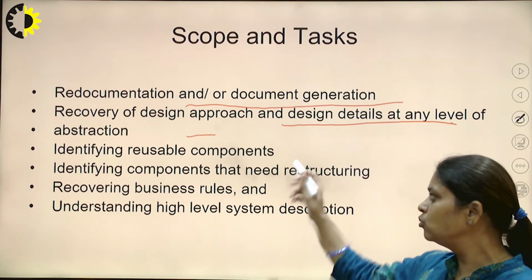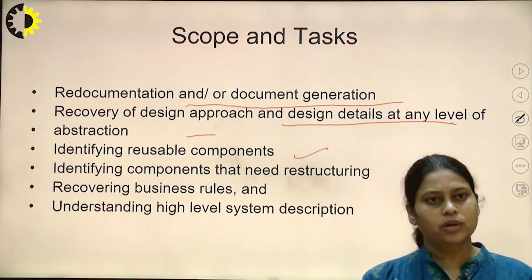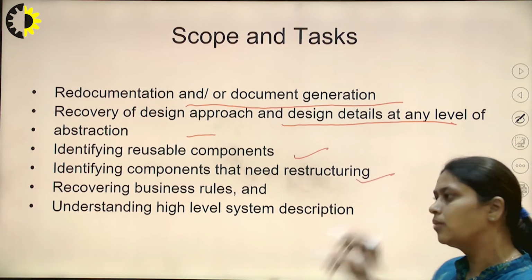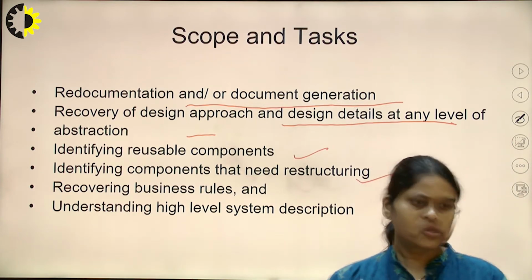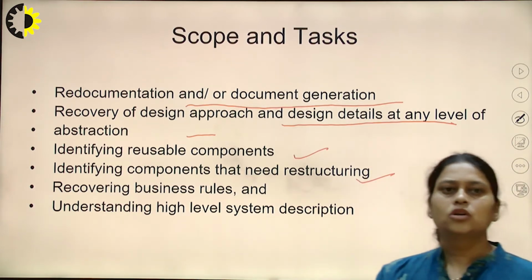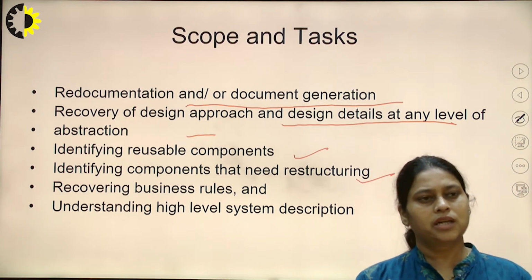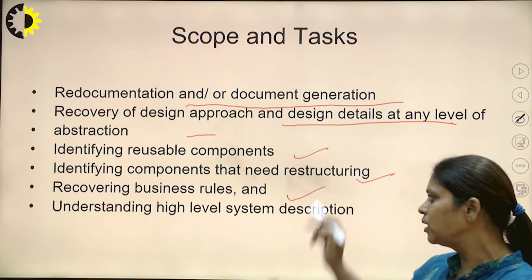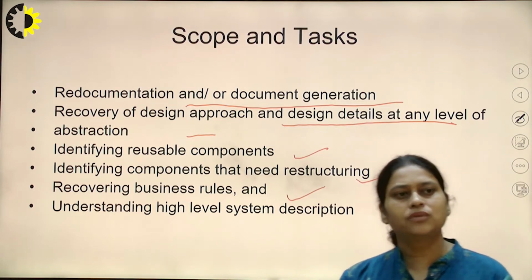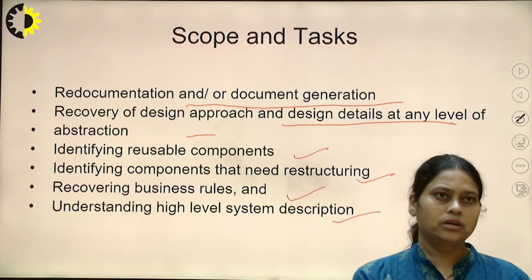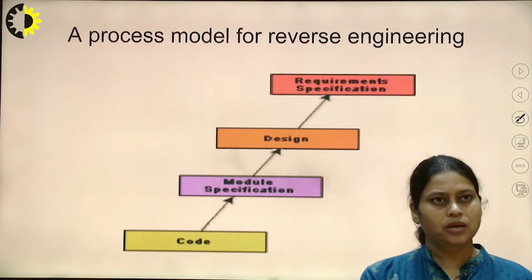We have to identify the reusable components, and identify the components where restructuring is required. We have to restructure these components or modules, recover the business rules, and understand the high-level system description.